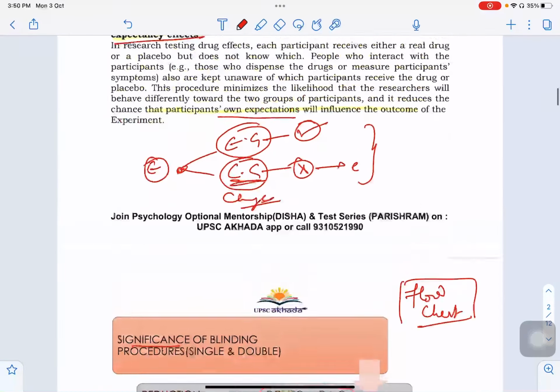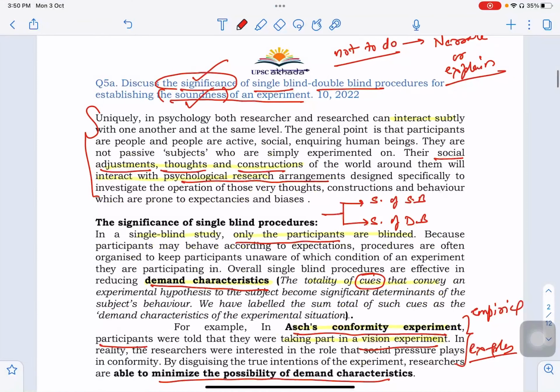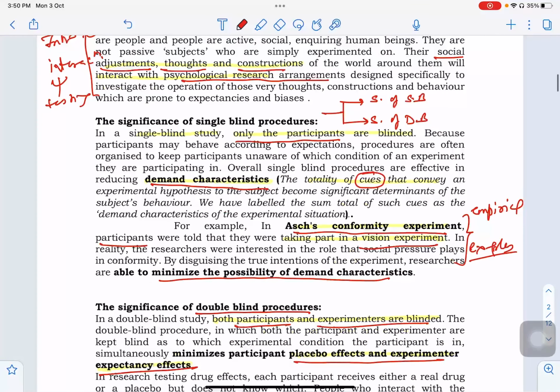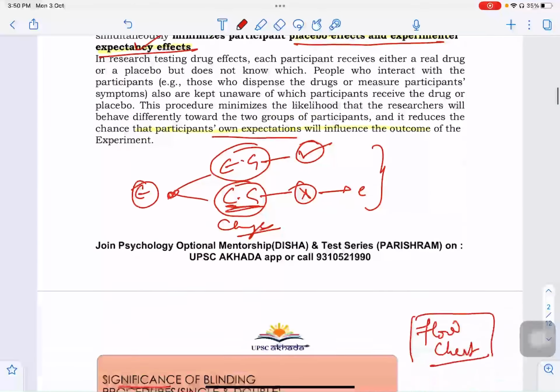So making the gist of the whole answer, we introduced what interactions in psychological testing. Then we come to the body part, significance of both single blind and double blind. And we mentioned the keywords: demand characteristics with examples, empirical examples, the placebo effect, experimental expectancy effect.